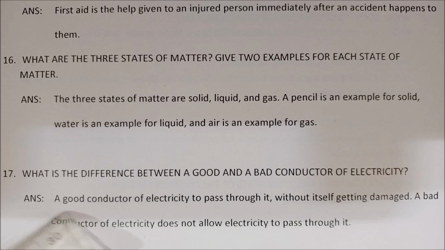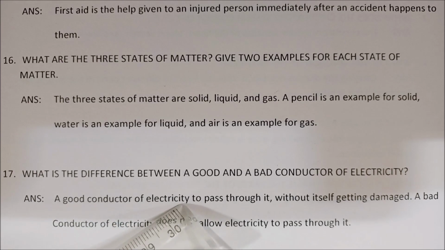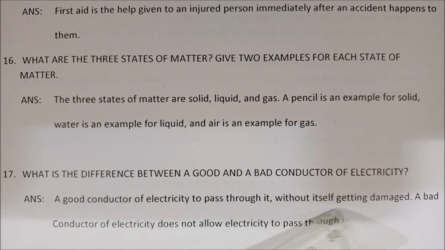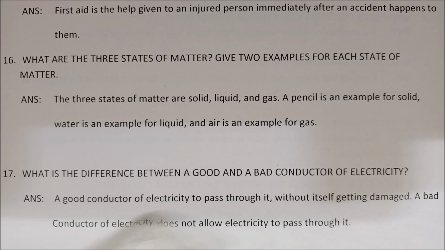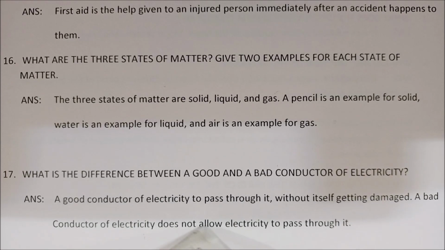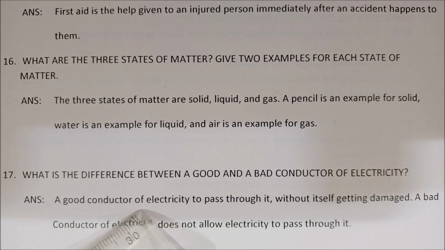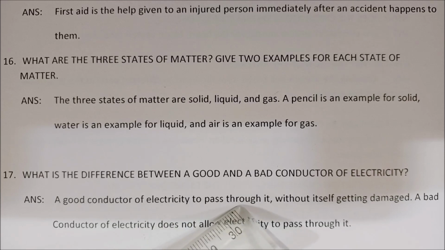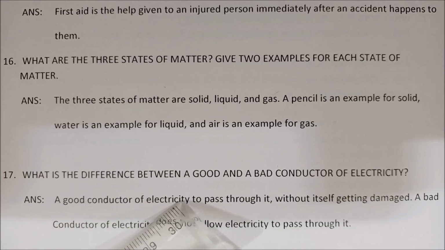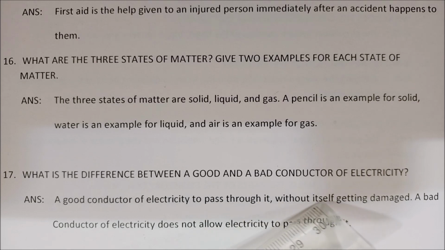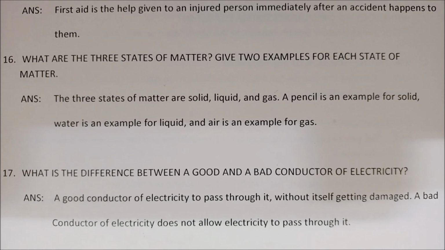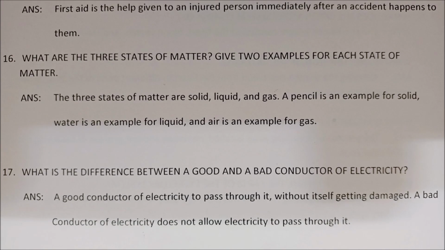Answer: a good conductor of electricity allows electricity to pass through it without itself getting damaged. A bad conductor of electricity does not allow electricity to pass through it. So children, is it clear to all?